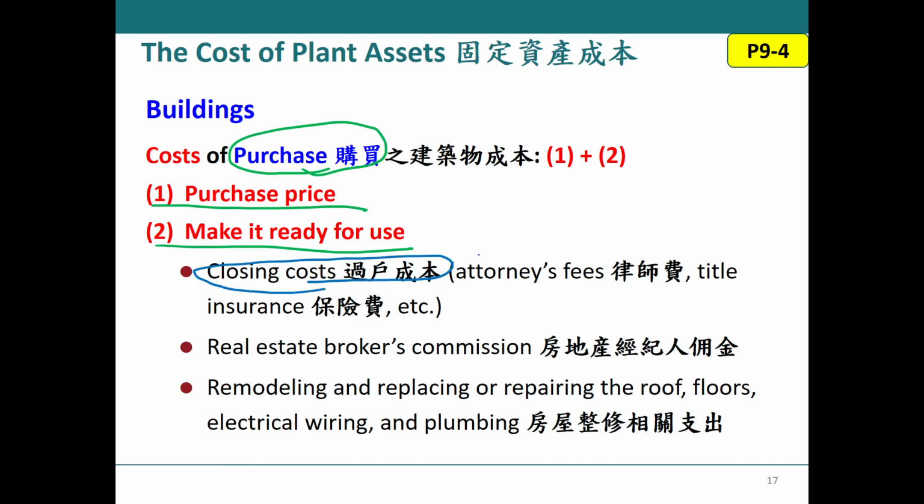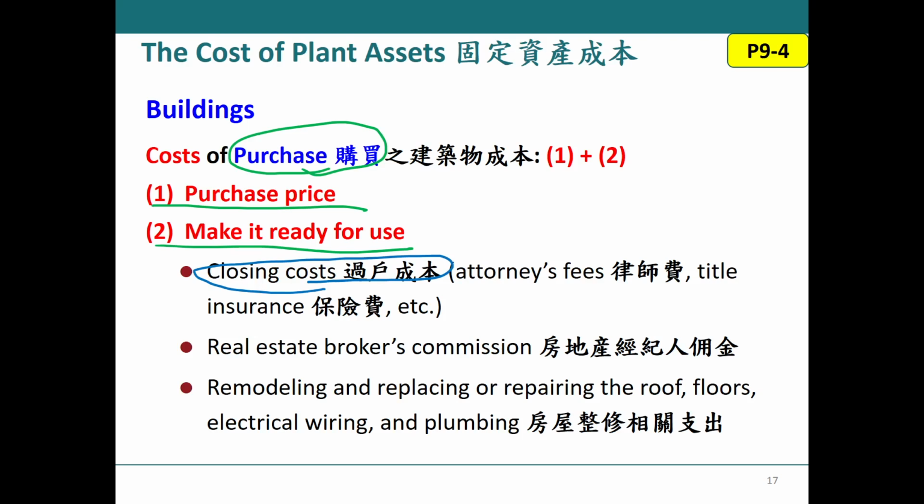Remember that? You change seller's title, seller's name to yours. So you have to pay closing cost. Also, you need real estate brokers to help you find the good buildings. So you have to pay them commissions.